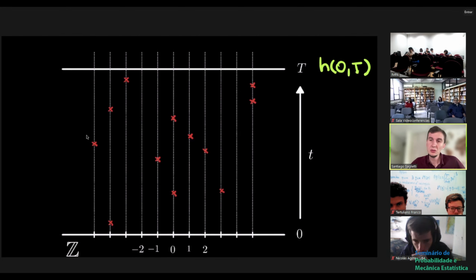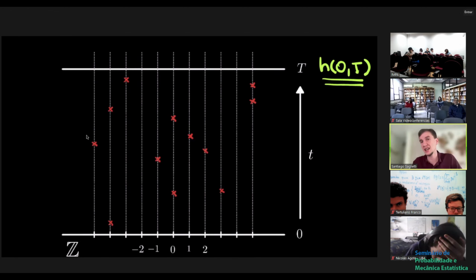What you can do is go backwards in time. I'm going to start at time t, and the height at this time is just going to be the same as the height the last time a block fell down on top of 0, because the height of the column can only change whenever a block falls down on top of 0. That's the only way in which it can change.